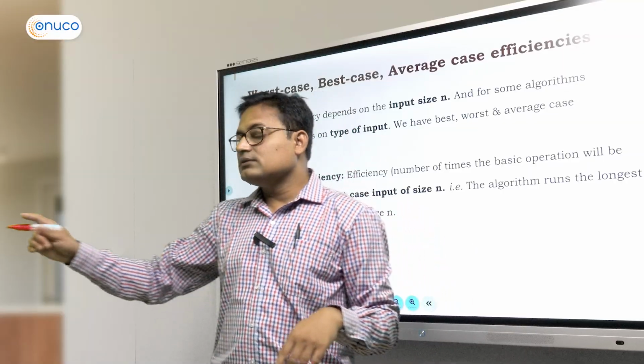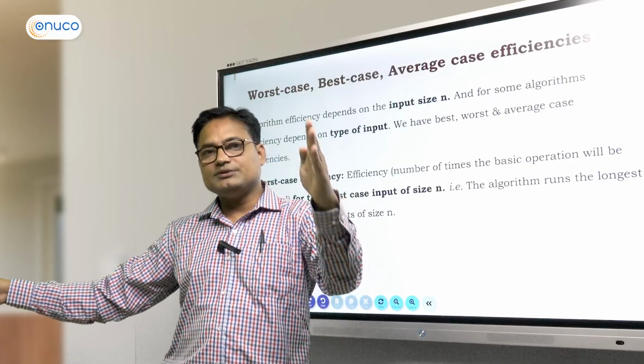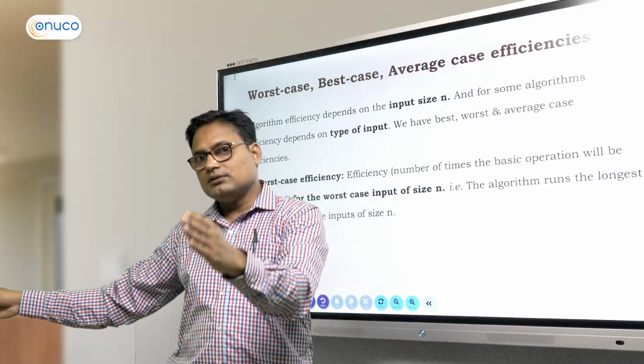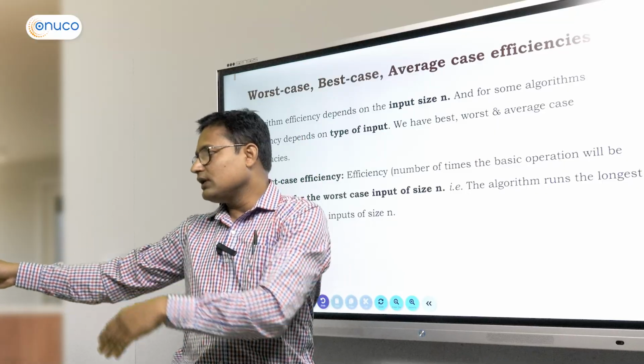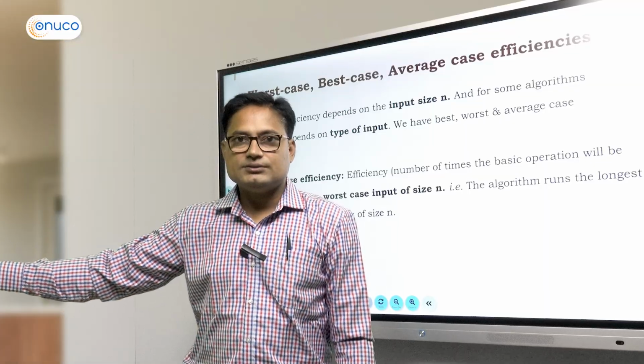If the person is sitting at the last place, then we need to search from the left side, one by one, and finally we reach that 10th place. It means it requires 10 comparisons.